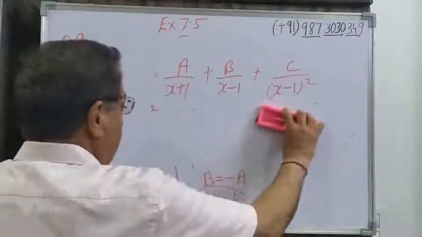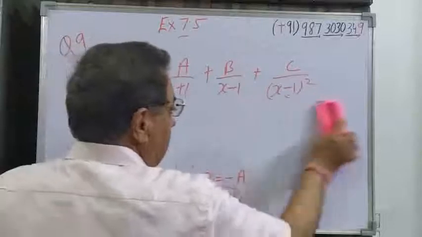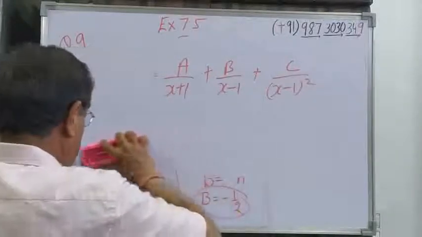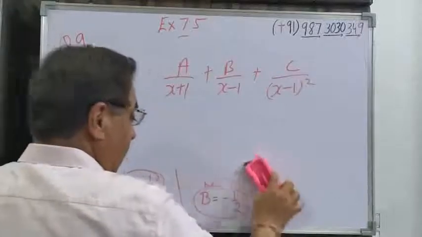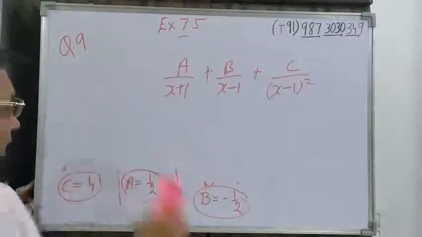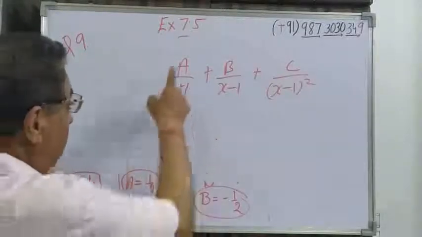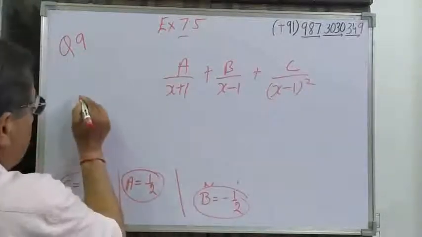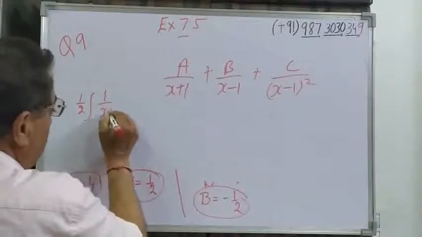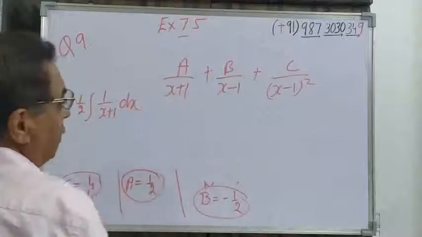We need the values of a, b, c to be substituted in the respective places, and that is equal to, for a, 1 by 2 integration of 1 upon x plus 1 dx.